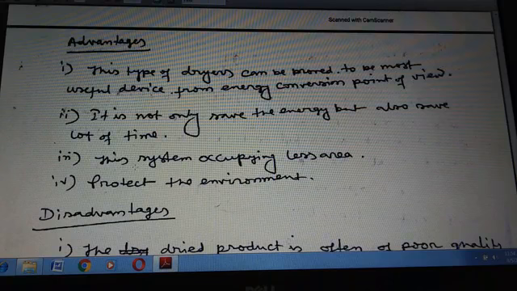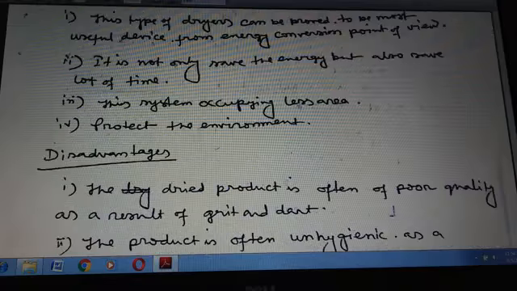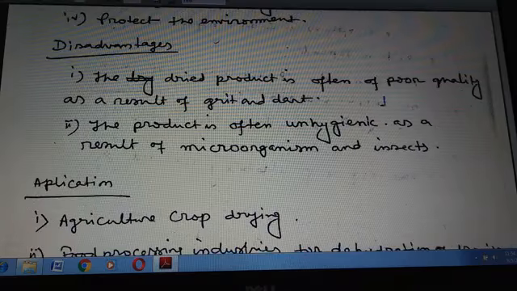Next advantage, this system occupies less area. Next advantage, it is an environmentally friendly system. Now some disadvantages are there.